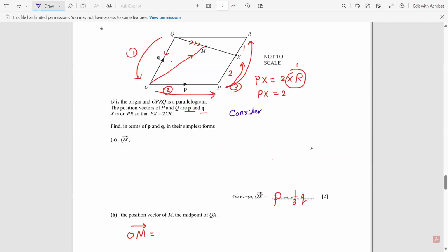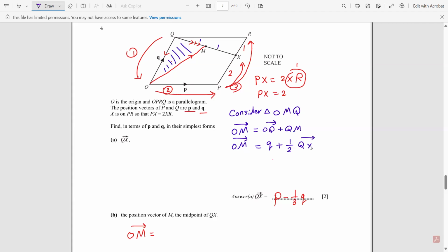Consider triangle OMQ, this triangle. The vector I want to find, the position vector of point M, the vector OM, is simply OQ plus QM. M is the midpoint, so the ratio between QM and MX is 1 to 1. So OM vector is equal to OQ, which is q, plus QM vector, which is 1 part out of 2 of the QX vector.